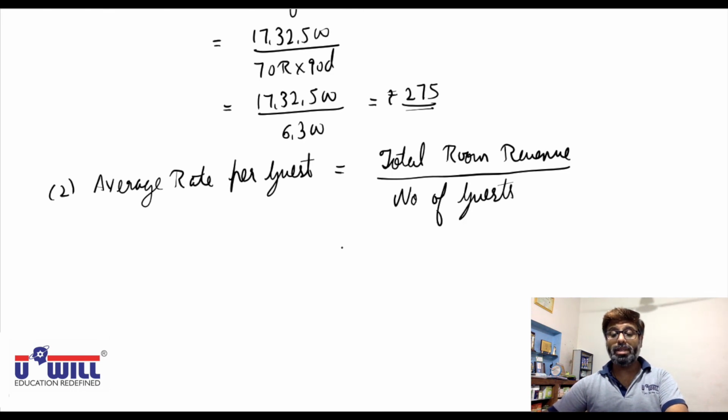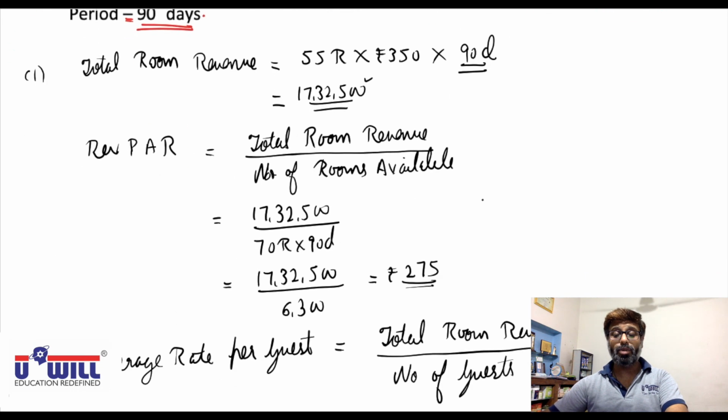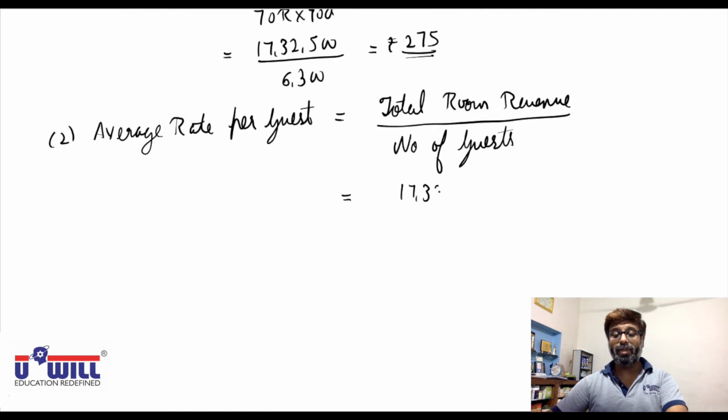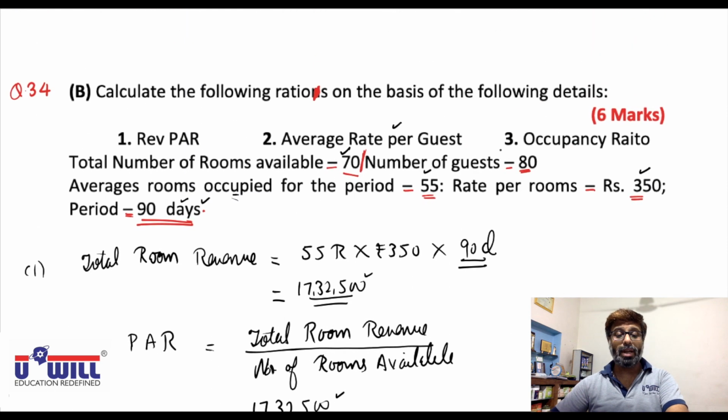Total room revenue is, we have calculated 17,32,500 divided by number of guests. Now number of guests, all of you can see are 80, but this again is for 90 days.